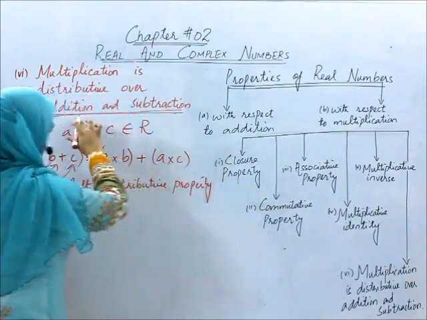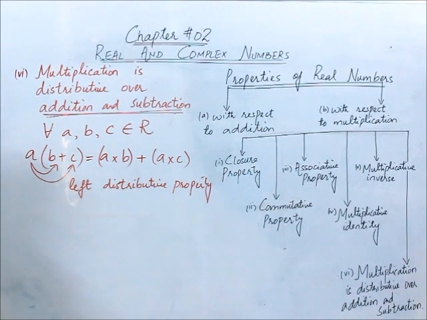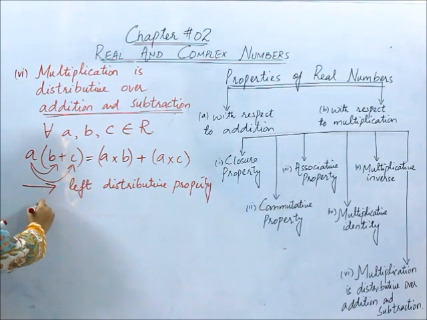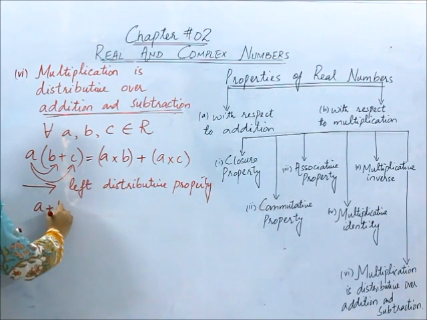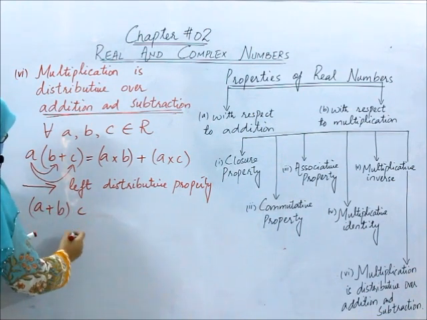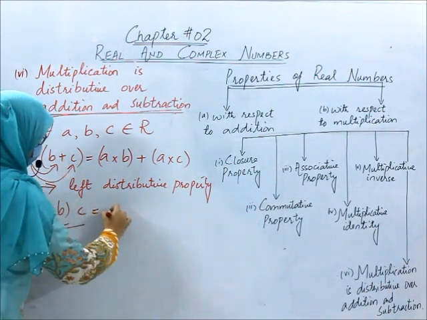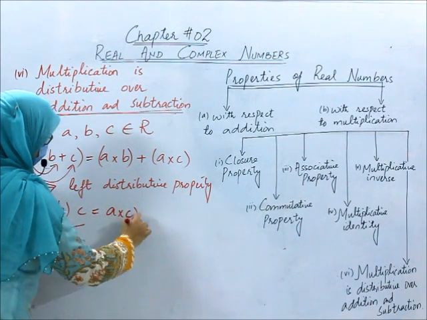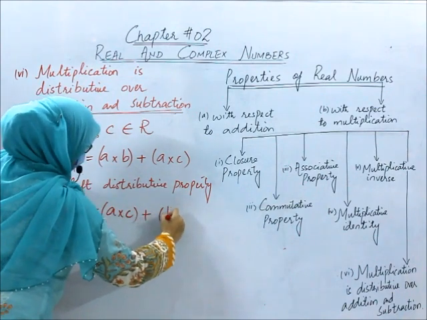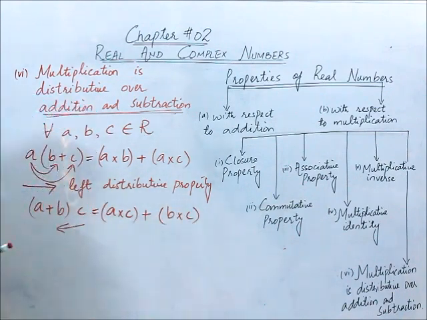of multiplication over addition. Here we have multiplied a number from the left side. Similarly, if we multiply a number from the right side of the bracket, fine, how would we multiply? C would be multiplied with A at the first, A into C, and plus B into C. Fine.